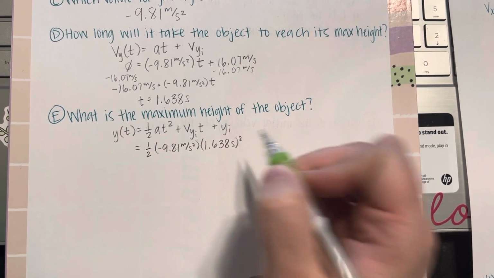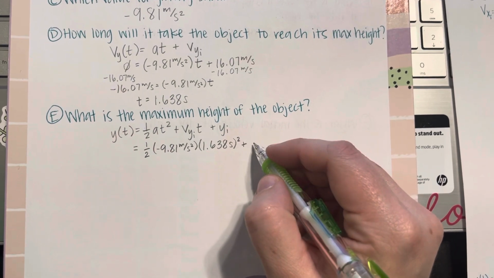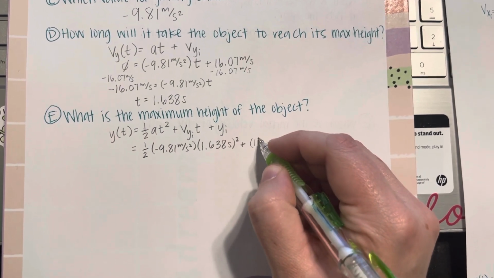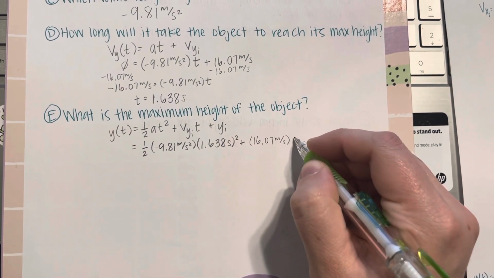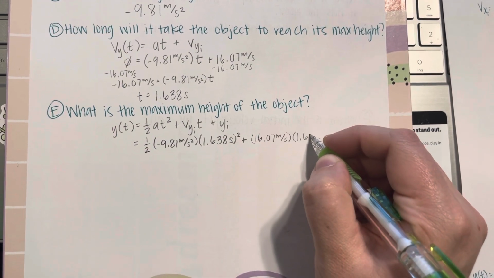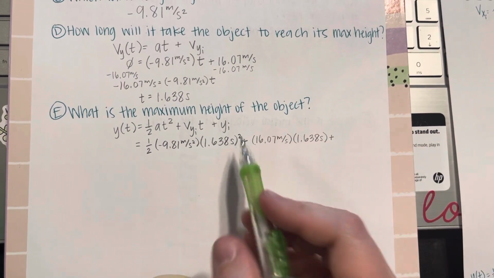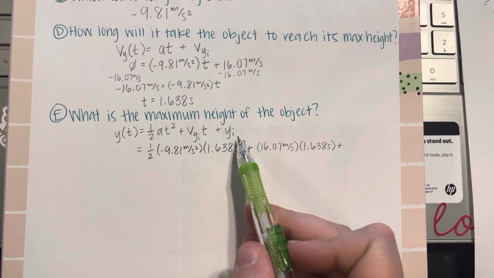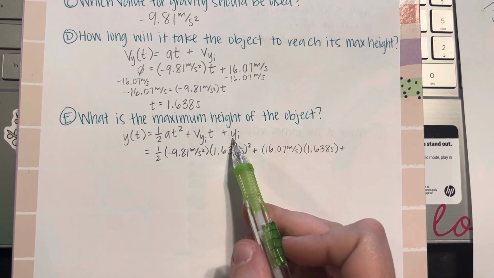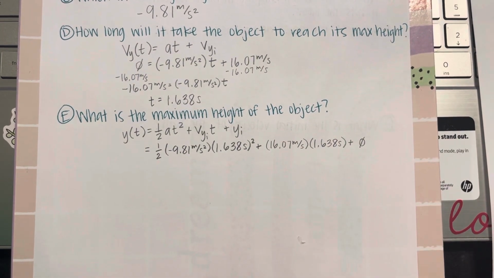Make sure that you square that. Okay, and yi is your initial y-axis position, or your initial height. Okay, but I'm punting this object and it's starting off on the ground, so that would be 0 here.